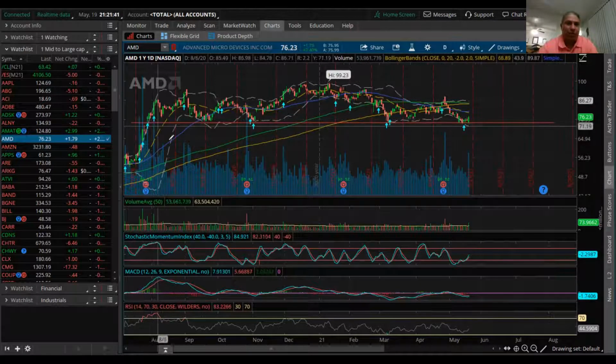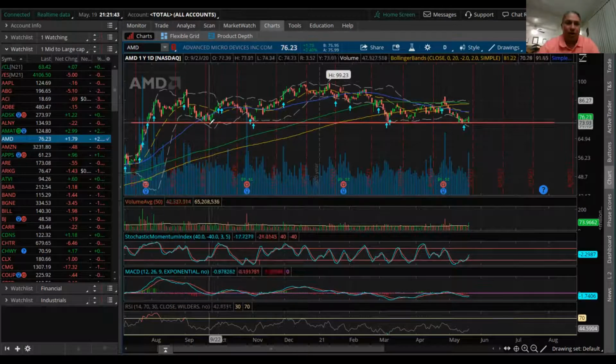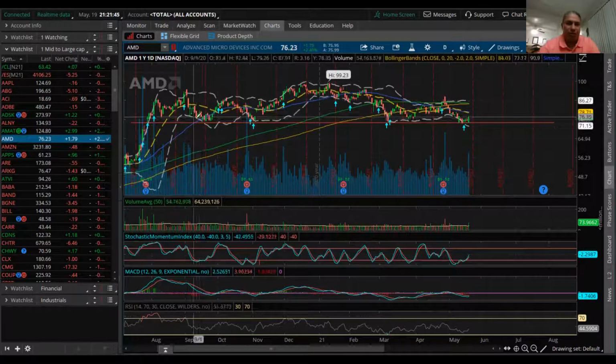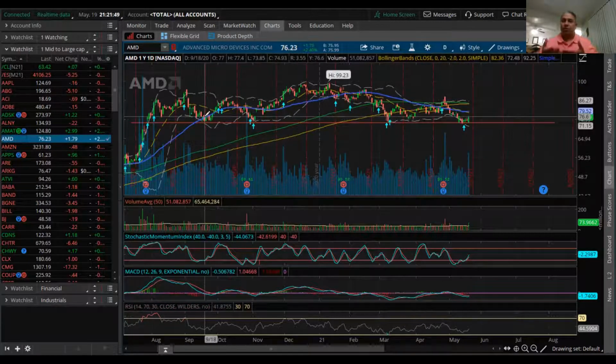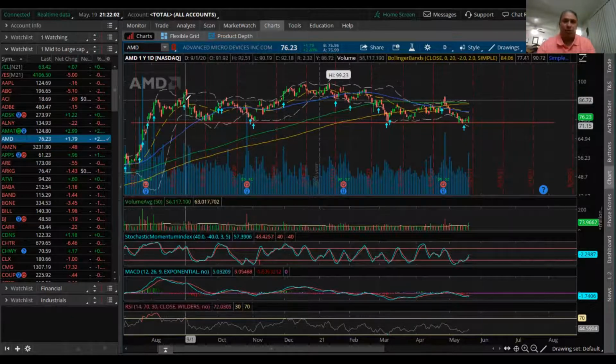Actually this doesn't really count right there, but still right here it came down. So this is not a resistance, this is a support. Remember, support supports the weight. So when it comes and hits down, if it doesn't cross to the bottom of it, it doesn't go down past it, it's holding it, it's a support. So when it's coming from the top to the bottom, it's a support.